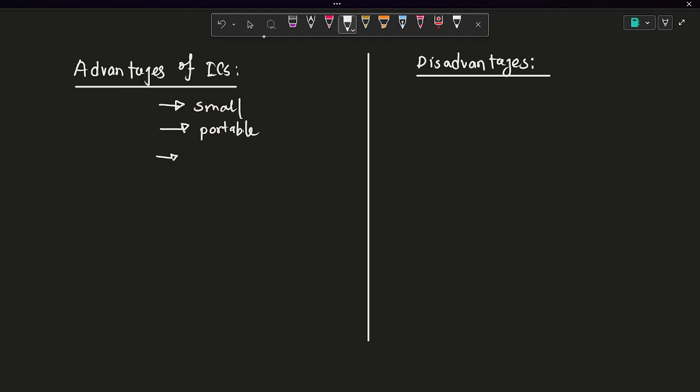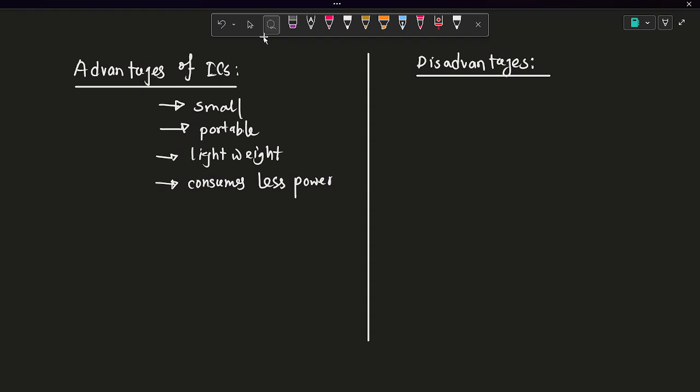So what makes it portable? This is very lightweight as it is small. Then we can say this consumes less power, okay? Because we all know that electronic circuits operate on very little power, like 1 volt, 2 volt, or something like this.